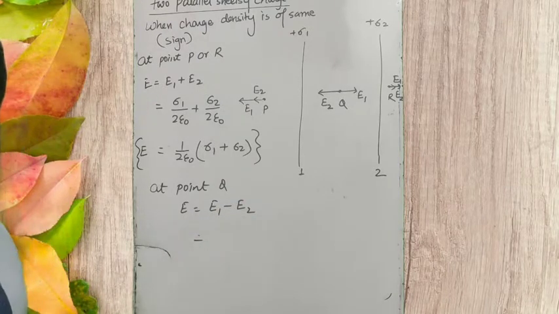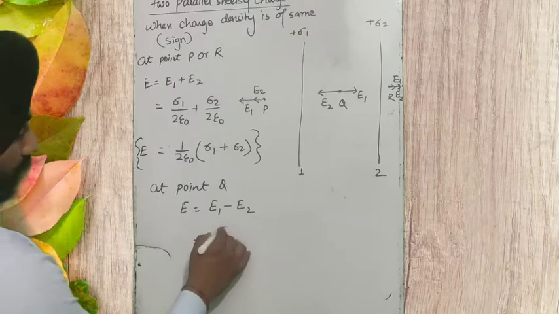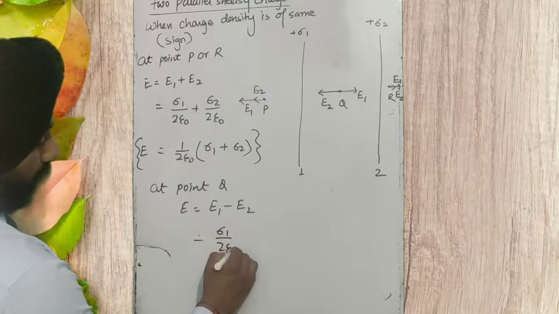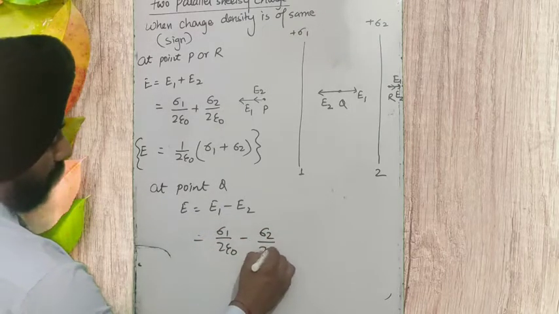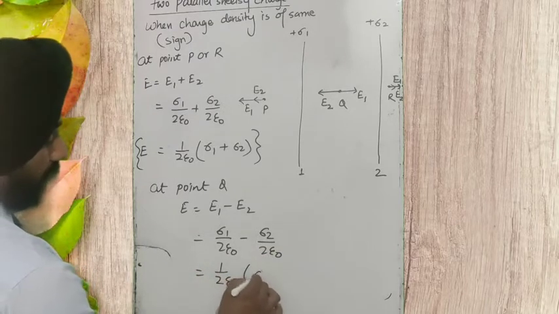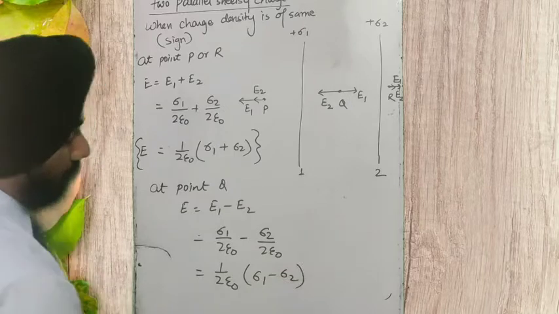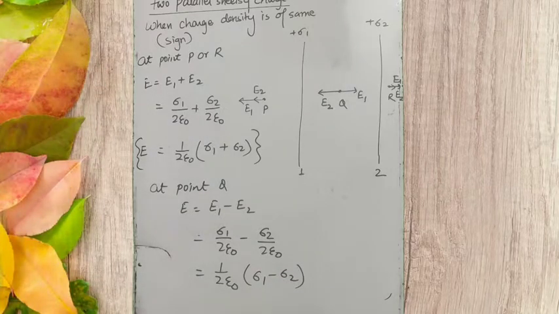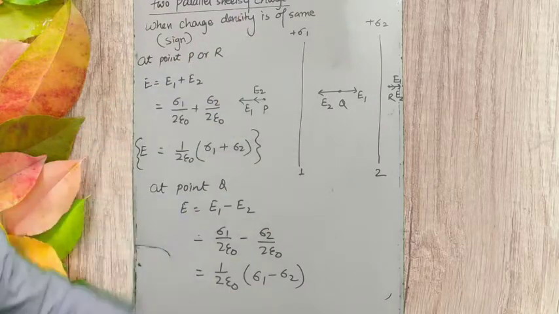It will be equal to the difference of the two electric fields. It is sigma 1 upon 2 epsilon naught minus sigma 2 upon 2 epsilon naught. So 1 upon 2 epsilon naught you take as common, and what is left is sigma 1 minus sigma 2. This is the final derivation we have for the combination of two parallel sheets of charge.